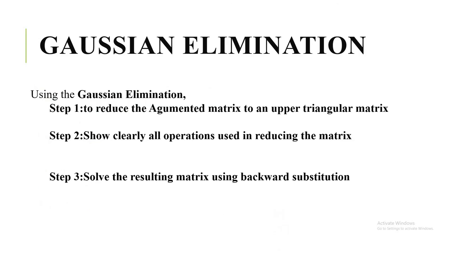Now, these are the general steps in Gaussian elimination. Like I said, first you have to reduce the augmented matrix to an upper triangular form. Secondly, we apply row operations. There are 3 operations that we can apply, and these operations must be clearly stated. All operations used in reducing the matrix should be clearly indicated at the proper place.